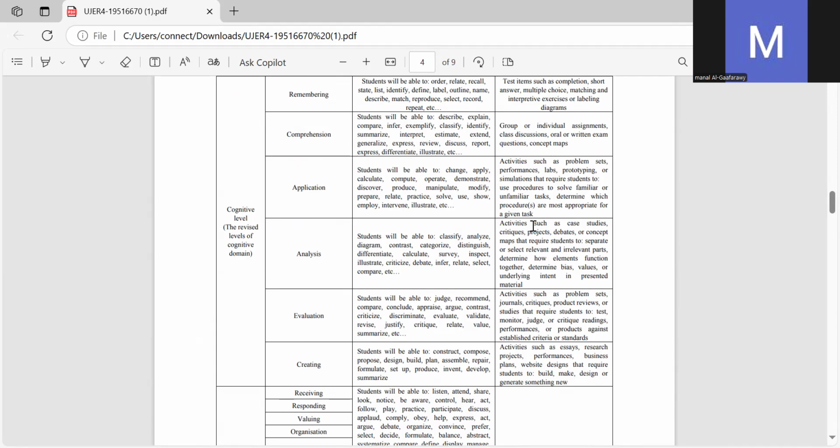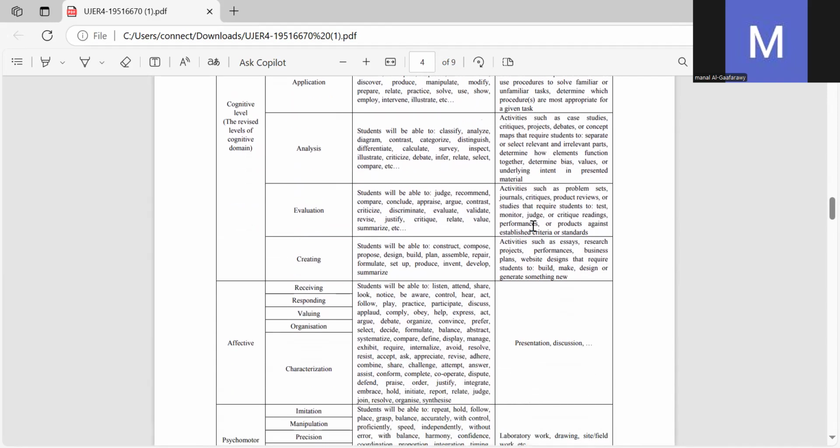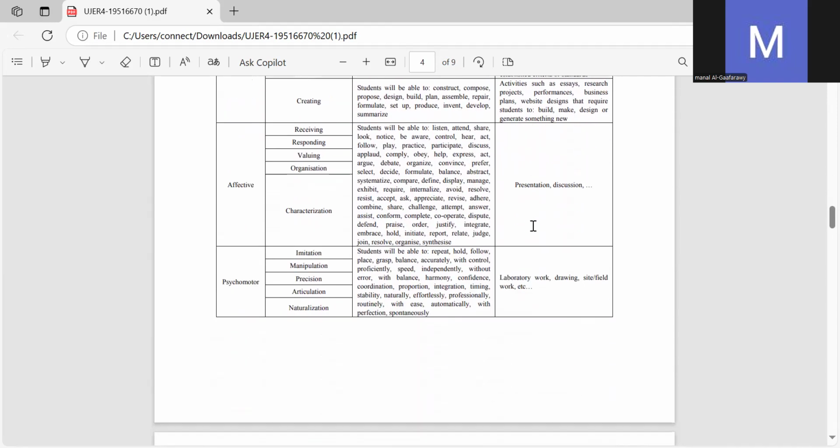And then, moving to the affective domain, we find that we have 5 levels, starting from receiving, which is the bottom level, up to characterization, the top one. Finally, the psychomotor domain consists of 5 levels, starting from imitation, which is the bottom, and moving up to naturalization, which is the top level.